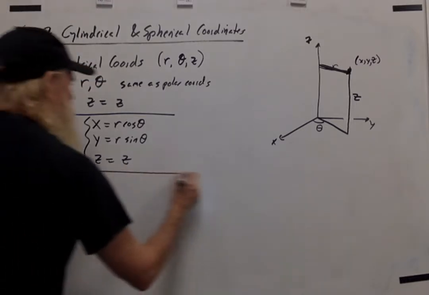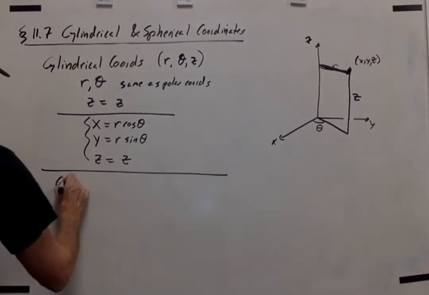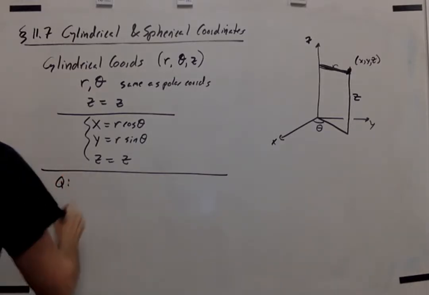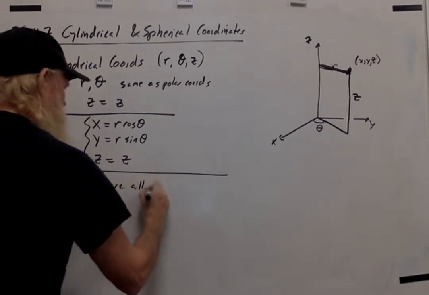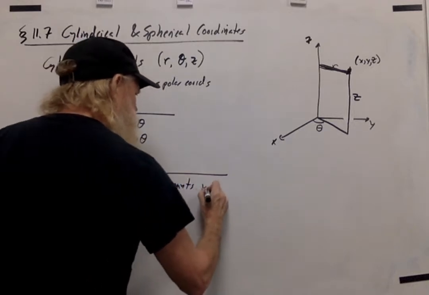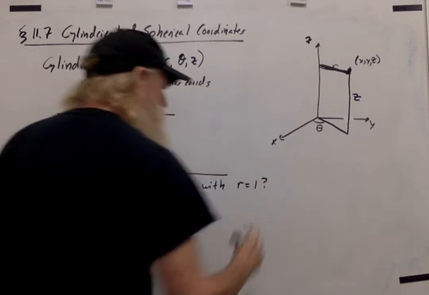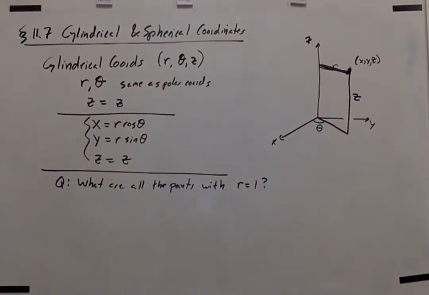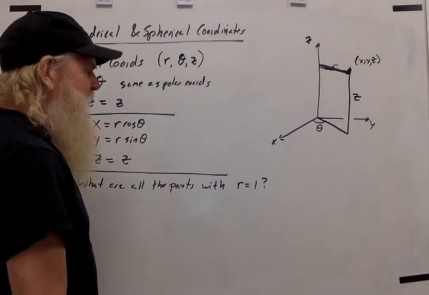Now, to get an idea of what this looks like, let's look at some examples. What are all the points in space that have r equal to 1? So these are going to be all the points that are at a distance 1 from the z-axis.